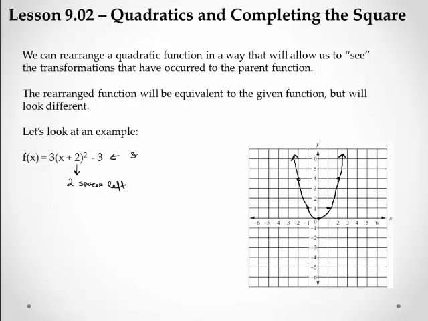This tells us 3 spaces down. And this tells us it has been stretched by a factor of 3. Okay, so if we go 2 spaces left and 3 spaces down, that moves our vertex to here.